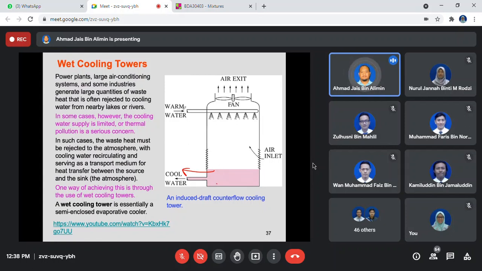So the steam that escapes from the turbine system, you want to increase the condensation behavior, so you use the cooling tower approach.